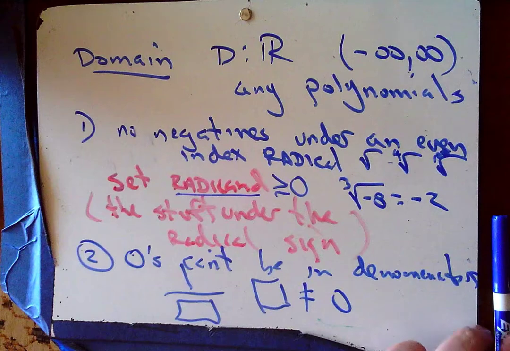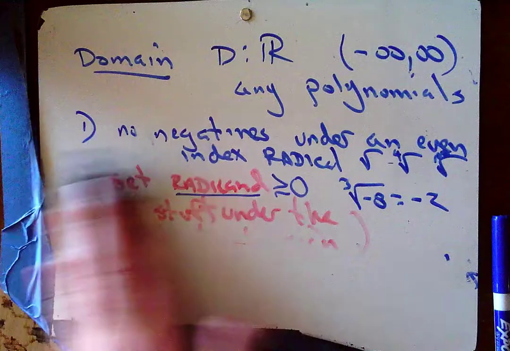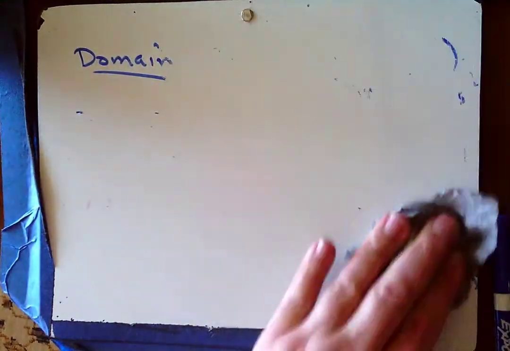Okay? So those are our two big ones. And of course, we'll think about other domain restrictions, like when we have vertical asymptotes showing up in log functions, or things like tangent, cotangent, secant, and cosecant. Those we'll touch on as well at another time.